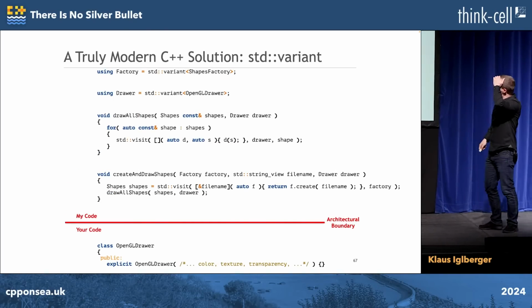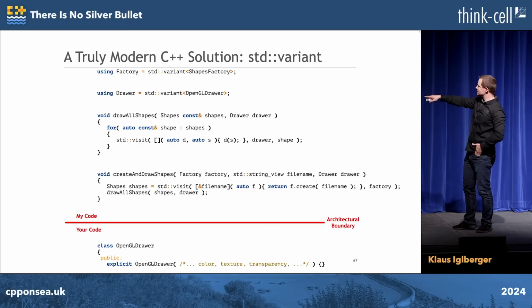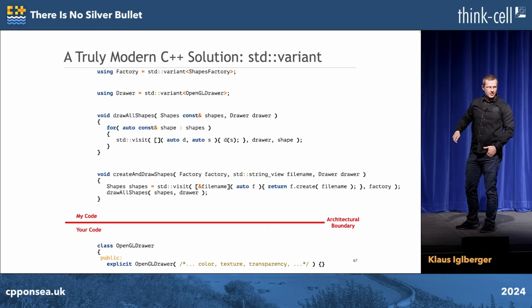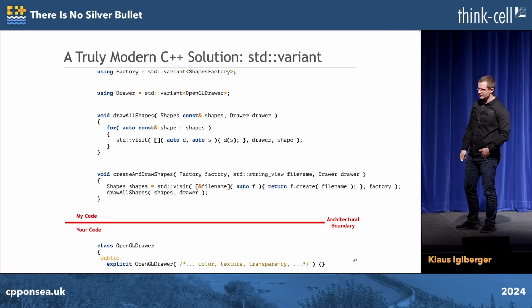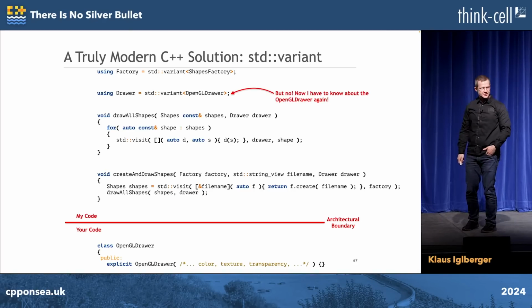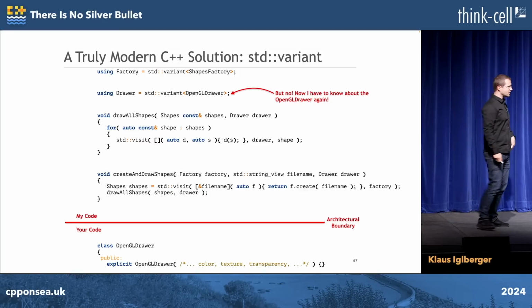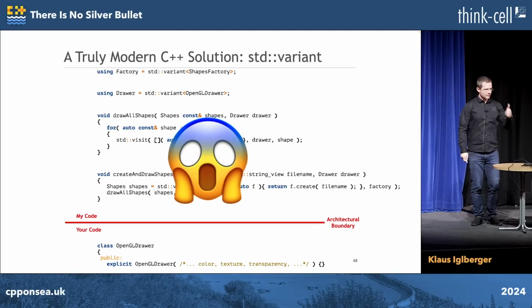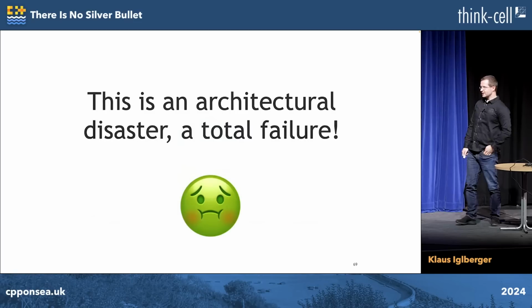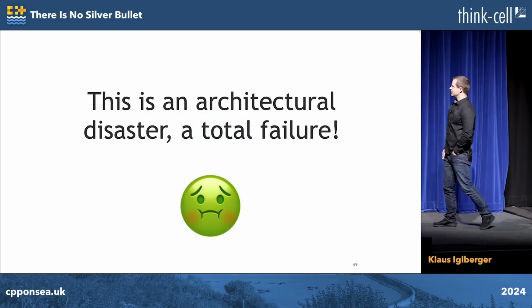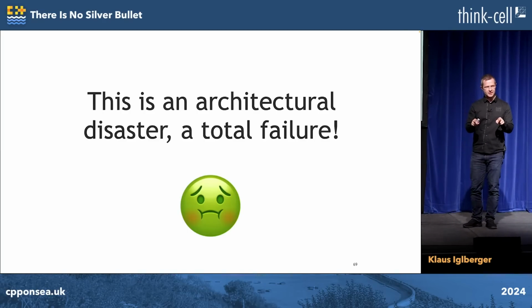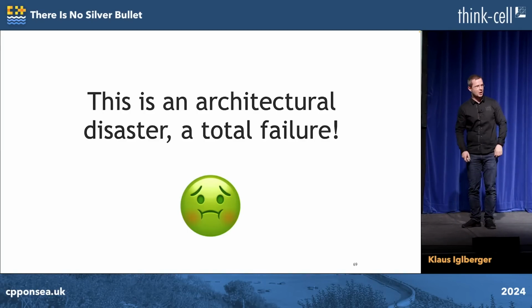But now, wait a second. OpenGLDraw is in your code. I cannot know about this detail yet, right? Oh no, I think this is broken. This doesn't work. It's entirely broken indeed. So seriously, this is an architectural disaster, total failure. We cannot even extend this. It's not clear who the abstractions belong to.